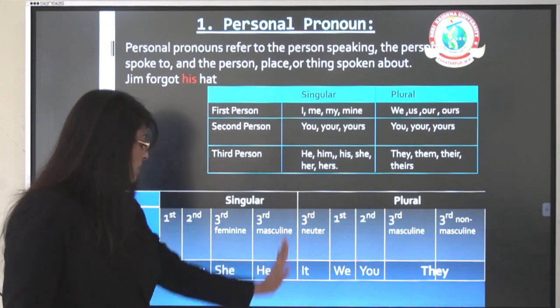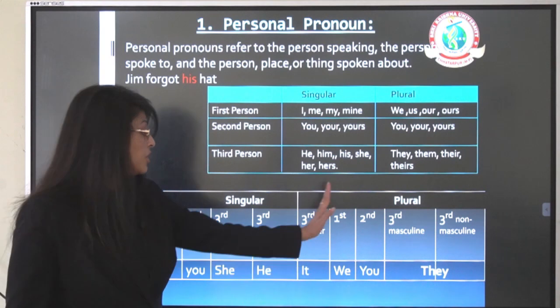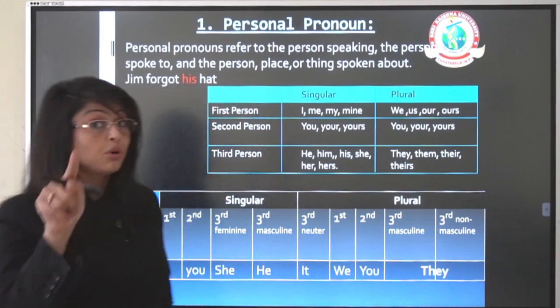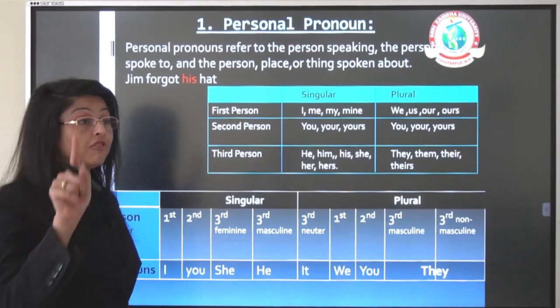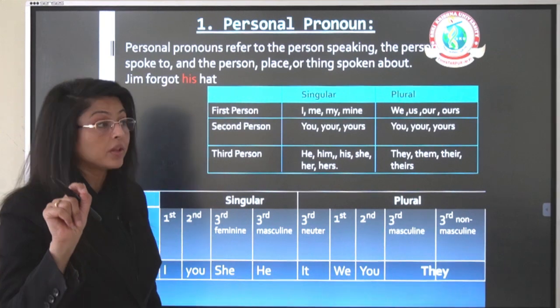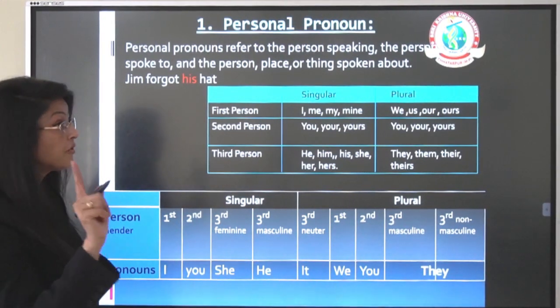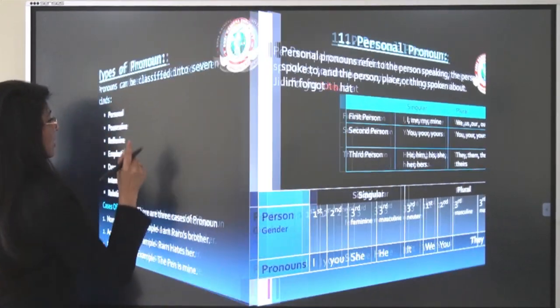Then this is the singular part. How can you use it in the plural part? First person, we, second person, you. Now you is plural and singular as well. Similarly, have is used for the singular person. I have is correct. If you are using has, this is an exception in grammar, remember that.